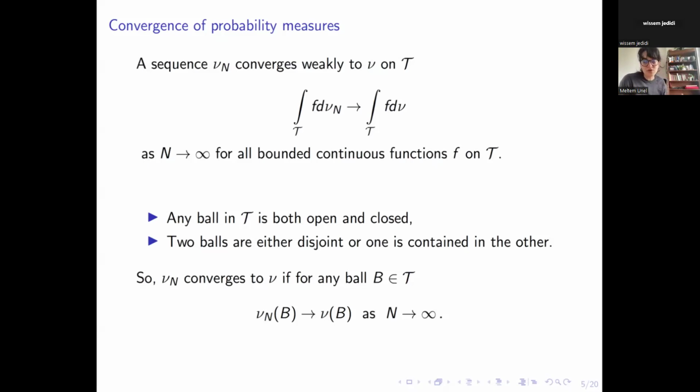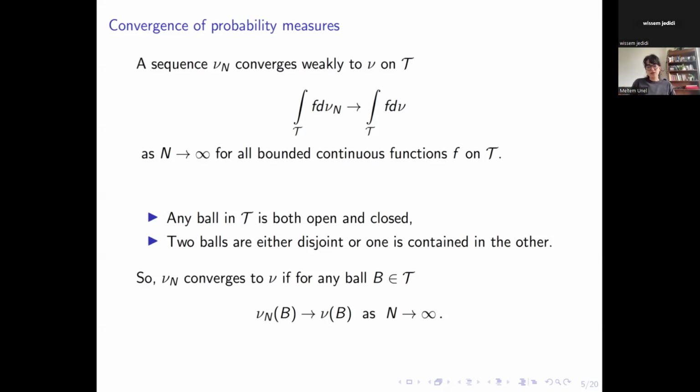This is called weak convergence, and the formal definition is here. If the integral of any continuous bounded function f on T with respect to the measure nu n converges to the integral of f with respect to the limiting measure nu, then we say that nu n converges weakly to the measure nu.